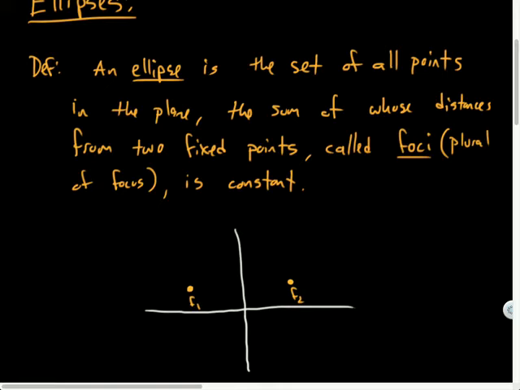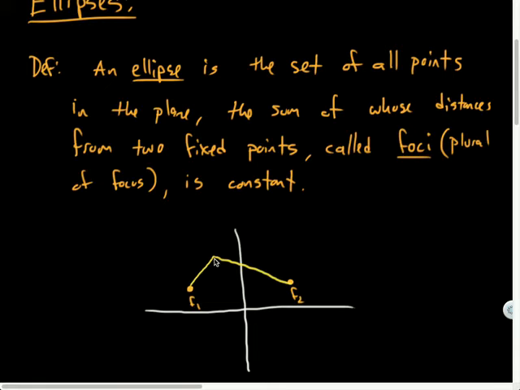I've got some set length. Imagine I had a string hanging between these, and I'm going to pull this string tight, plot a point, and then draw all points in which that string is tight. So I might have a point here.